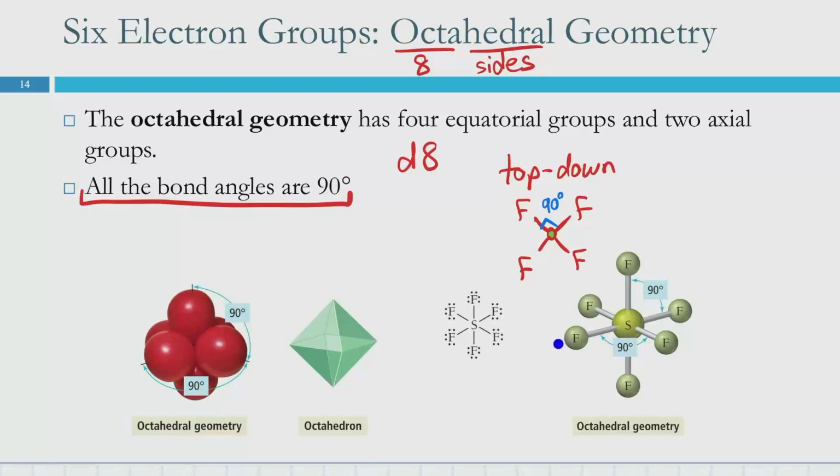Looking down along any fluorine-sulfur-fluorine line, you'll see this same perspective for SF6. That's the most spaced out that we can get them. Any questions about our basic shapes?